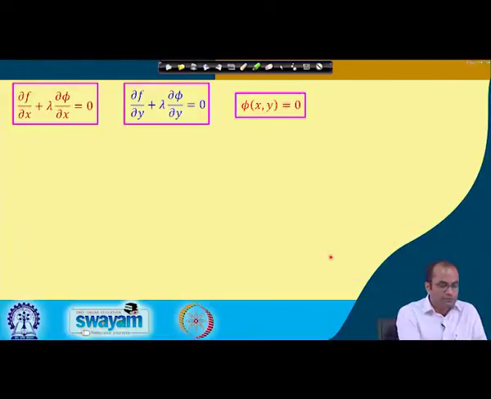Now, moving further, we have three unknowns, basically the x y will be the points we are looking for, and also this lambda we have introduced. So, there is x y and lambda, three unknowns we have to get by solving these three equations, and those will be the points of extrema in terms of x y.